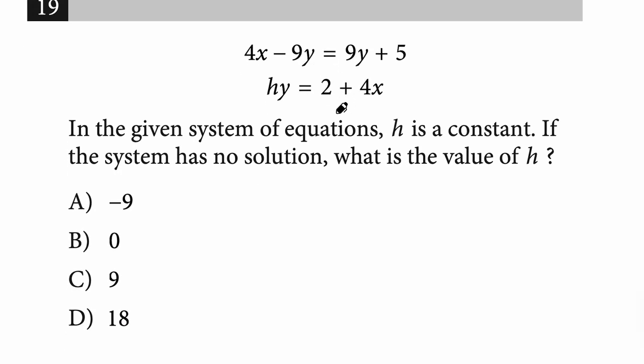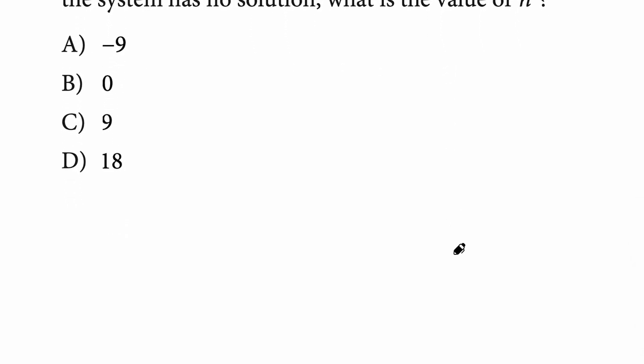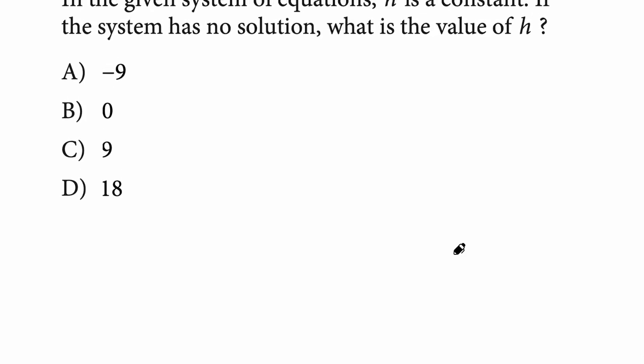Two equations are given to us. Question is, in the given system of equations, h is a constant. Okay. If the system has no solution, what is the value of h? Let's leave this question here and learn the rule of this question first.